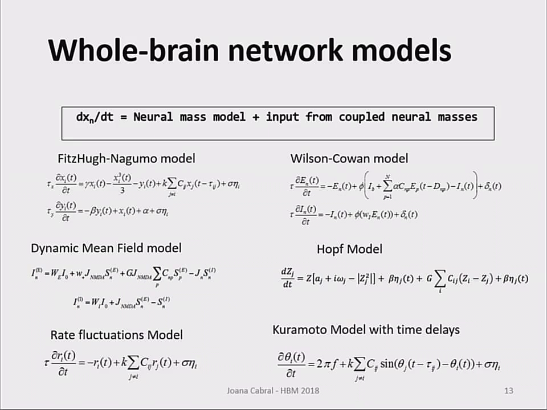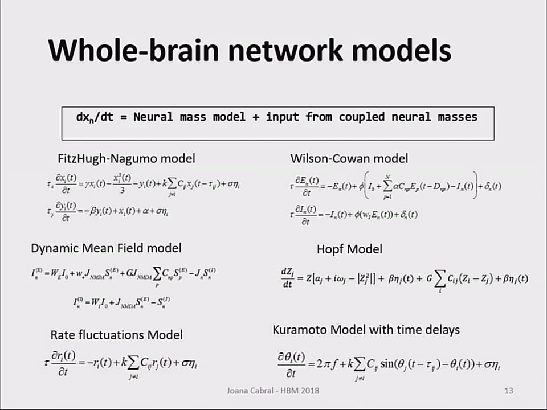Or you can use more realistic models, or even really abstract models like the Hopf model or the Kuramoto model, where we focus more on phenomenological aspects of coupled dynamical systems in nature. We use canonical forms, or normal forms, which are equations that describe a system that, for example, oscillates in time.